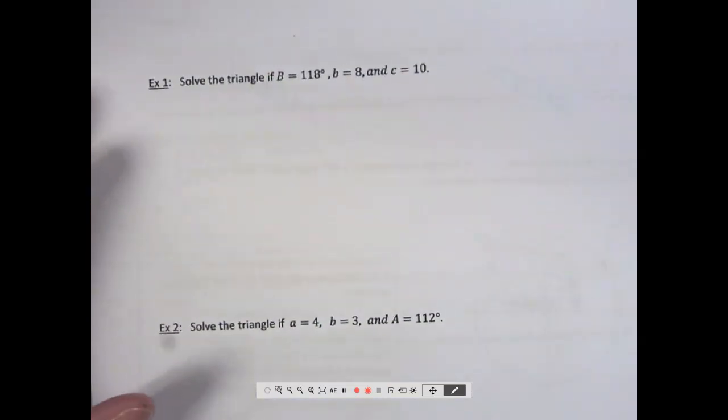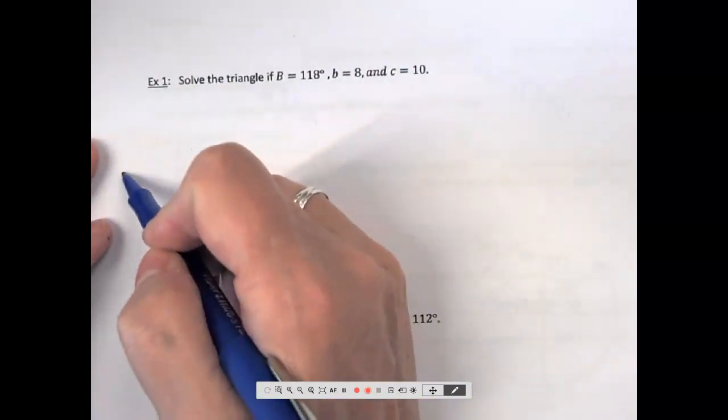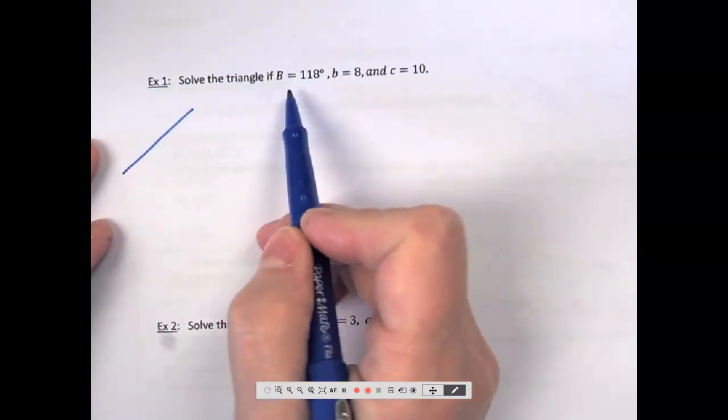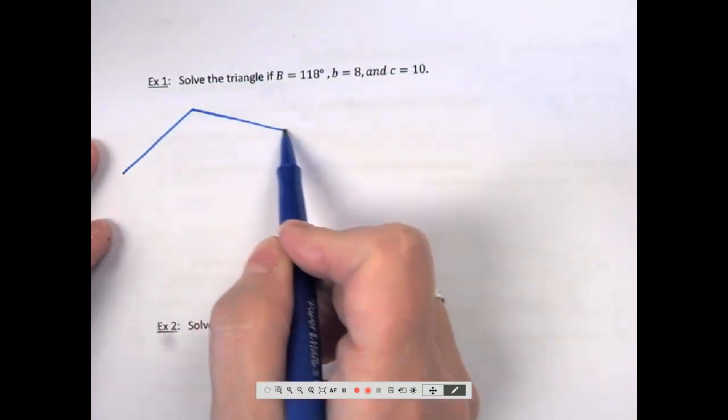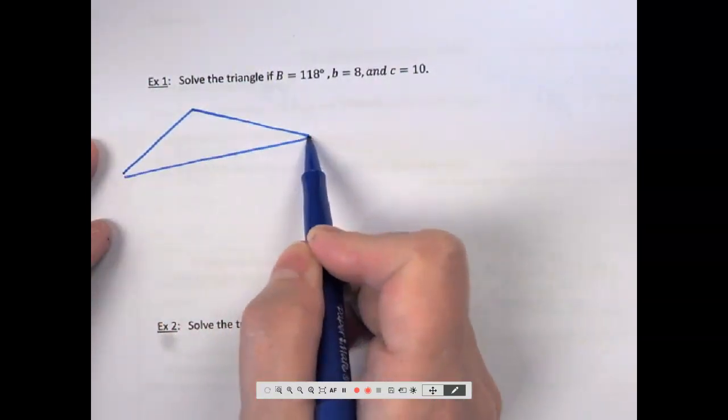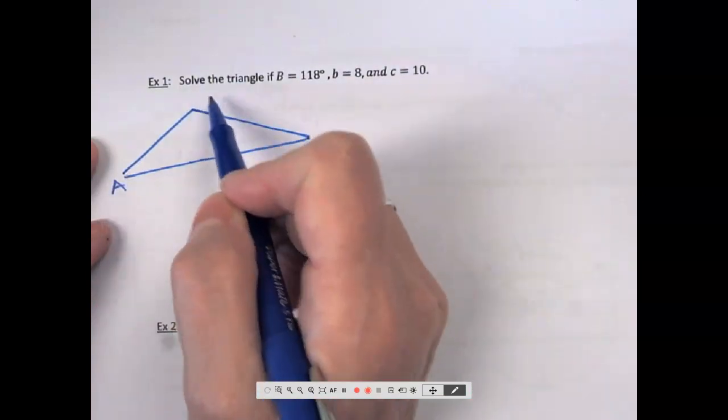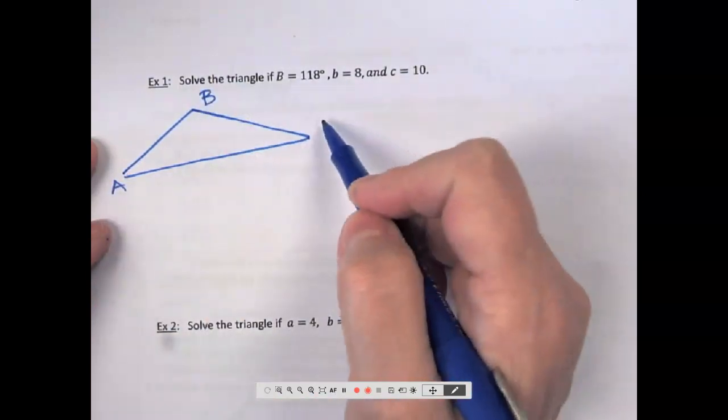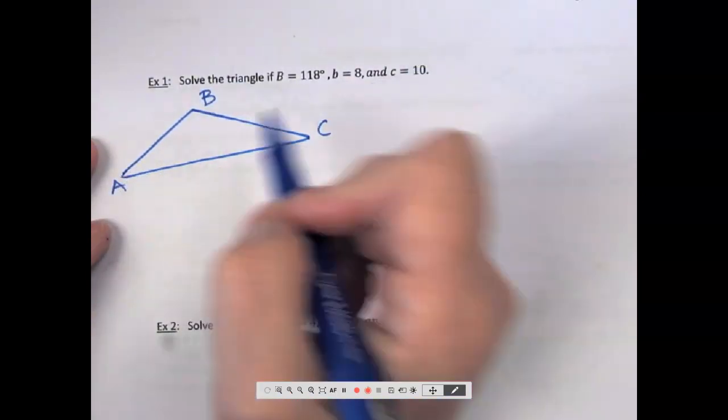All right, solve the triangle: B equals 118, little b is 8, little c is 10. So the first step is always going to be draw a picture. If I know that something's obtuse, I can go ahead and draw it obtuse. But if you just draw some generic triangle, then that's cool too.